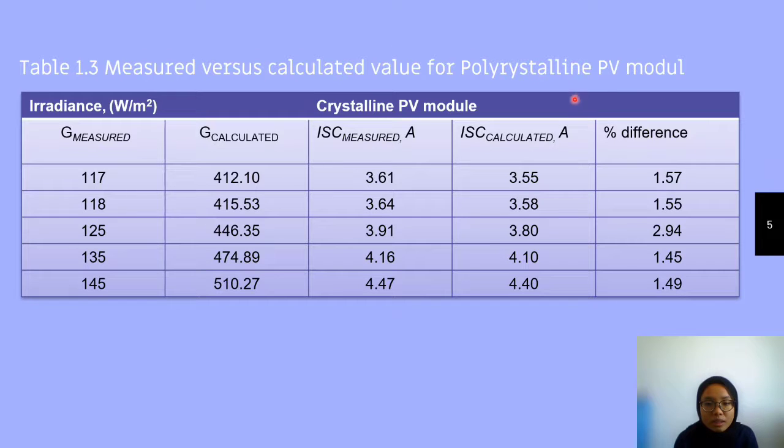So the percentage difference is 1.57. Same goes to G measured. It is increased, while G calculated is also increased: 412.10, 415, 446.35, and for ISC measured, we got it higher than ISC calculated.